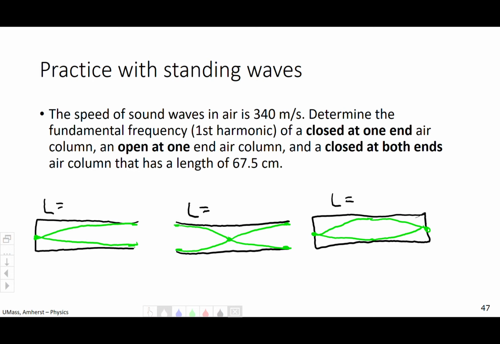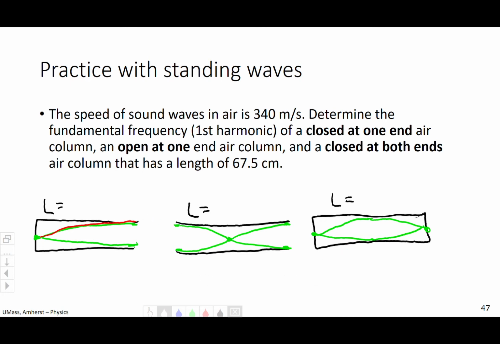Let's figure out how many waves we're fitting in. So let's start with the first one. We go from a node to an antinode, and then if we were going to follow it, we would go down, and that would be a half wavelength. Down, and then up, and that would be one wave.